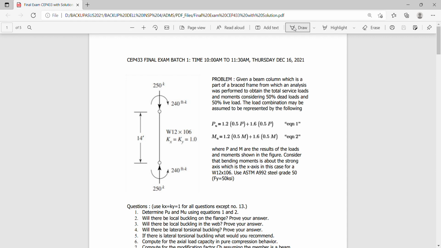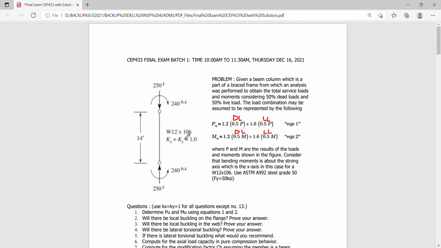So the load combination is therefore given here, so this is the contribution of the dead load, and this is the contribution of the live load. It's true with the moments, where 50% of the moments are due to dead load and 50% are due to live load.